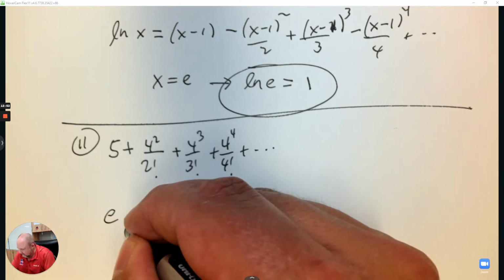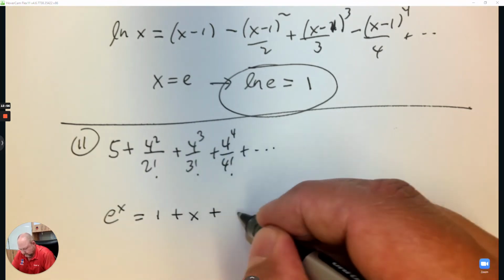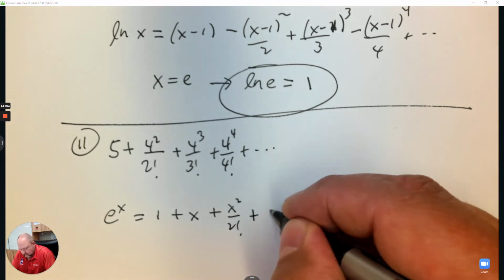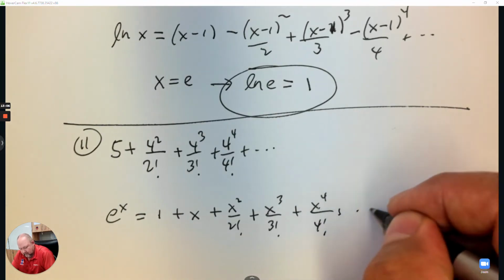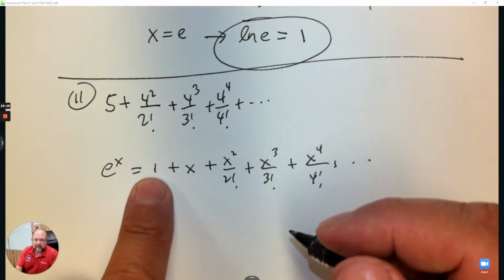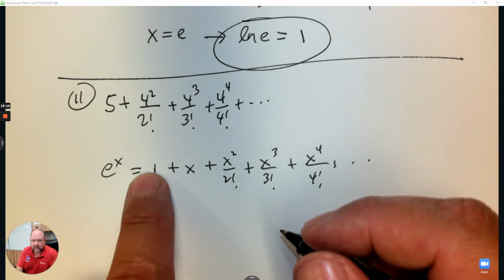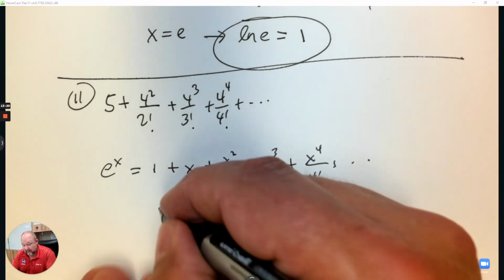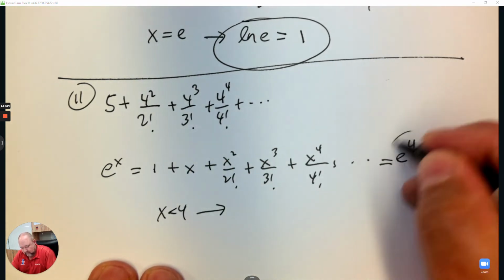So let me write down what the e series looks like. And then what must it be? So if I look here in terms of what x must be, 1 plus 4 is 5, and then 4 squared, 4 cubed, and so on. So x equals 4. So that means this whole series is e to the 4.